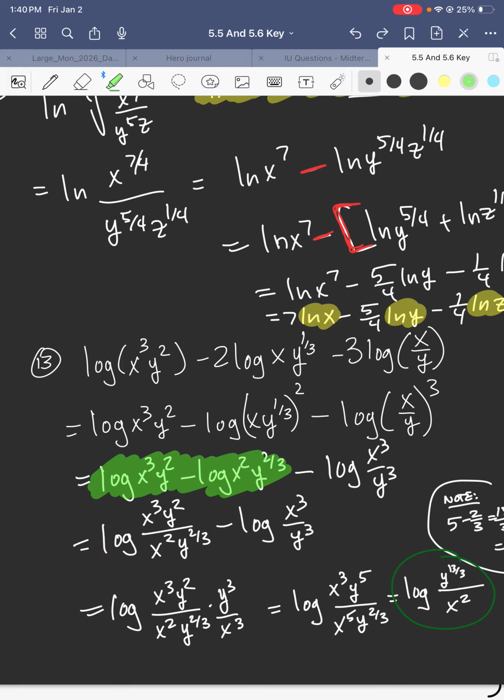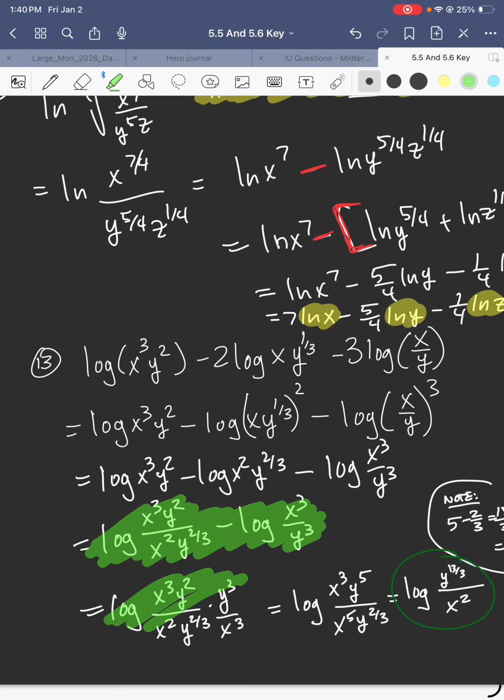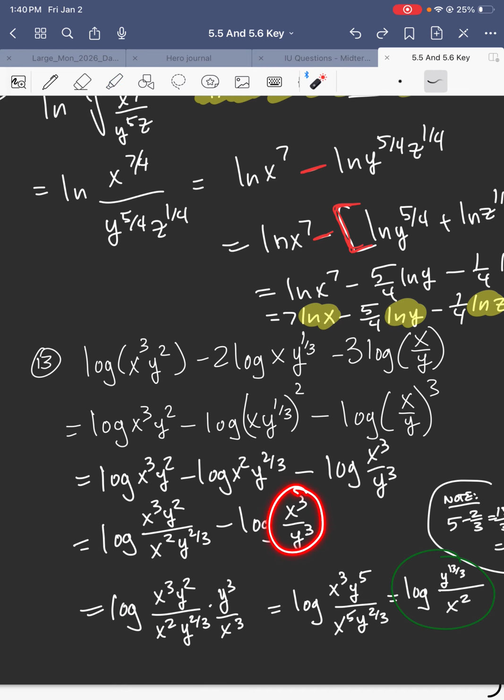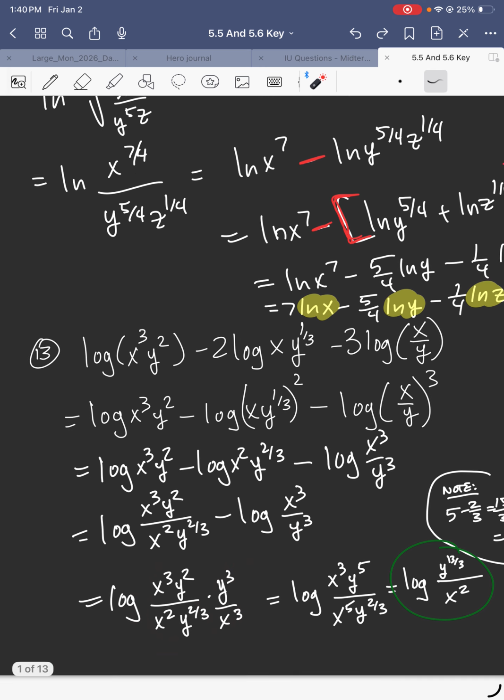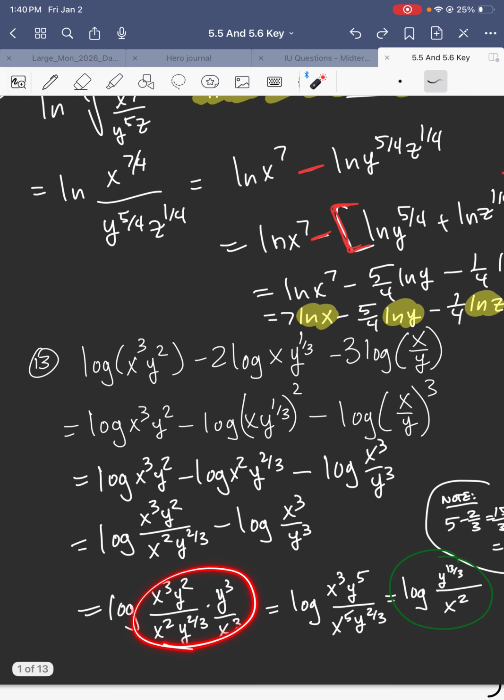But then again, we have the difference of these two logs turns out to be the log of a quotient. But you have to be careful when you're dividing by a fraction. That's the same as multiplying by the reciprocal of that fraction. So it's really just the log of all this stuff. When we simplify this, we get that. Simplify it further, we get that.